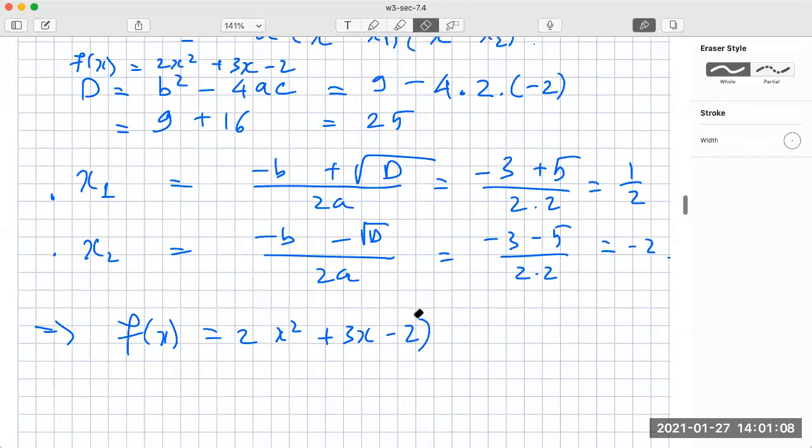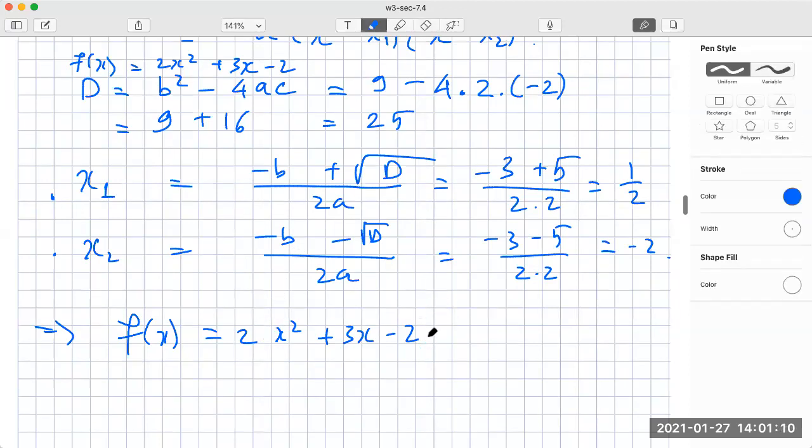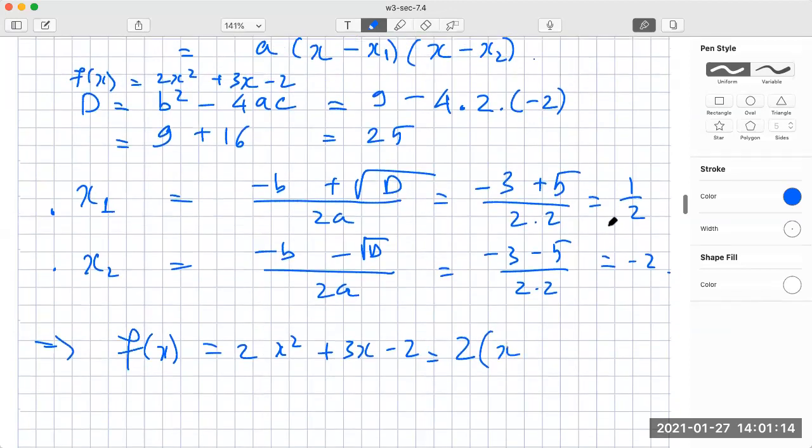So therefore, we can write it as 2, this is a, right? Times (x minus x1), which is x minus 1/2, times (x minus x2), which is x plus 2, okay?